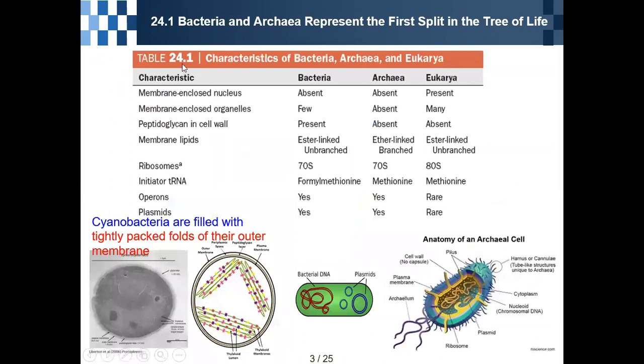So this is table 24.1. It summarizes characteristics of bacteria, archaea, and eukarya.